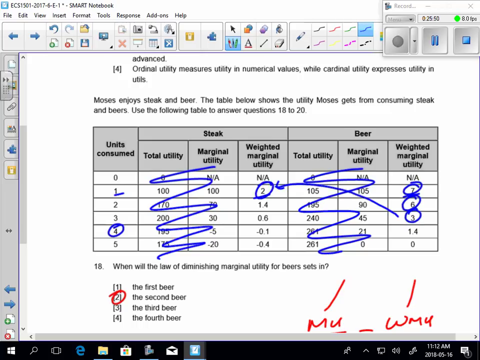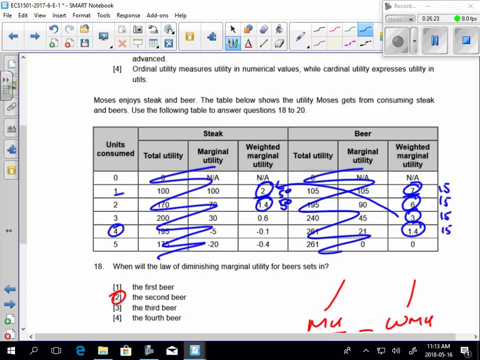Is this making sense? You guys following this? Right, and then we can see for the next purchase, they've got the same weighted marginal utility. So it wouldn't matter which one you purchased. We purchase another steak, and then we purchase another beer. And if you had to calculate the prices, it's 15, 15, 15, 15, 50, and 50. And that together would equal 160 Rand.